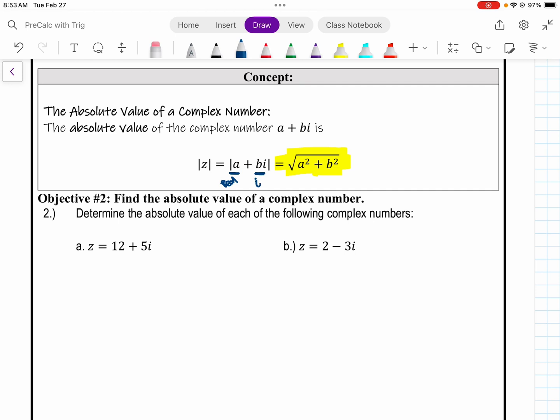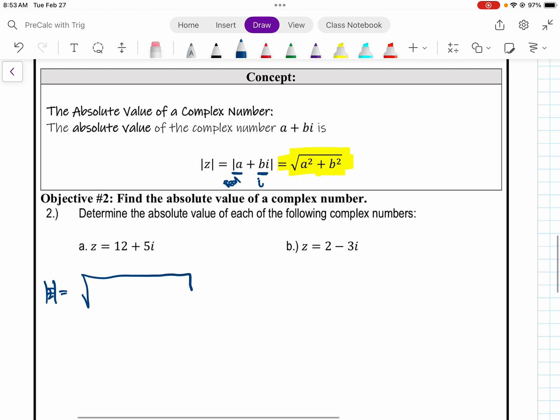All right, so let's do letter A. The absolute value of z is equal to the square root of a squared plus b squared. Remember, that's a, so that's going to be 12 squared, plus b, which is going to be 5 squared. And notice that we're not including the i. Do not include the i, because otherwise it's going to give you a different answer.